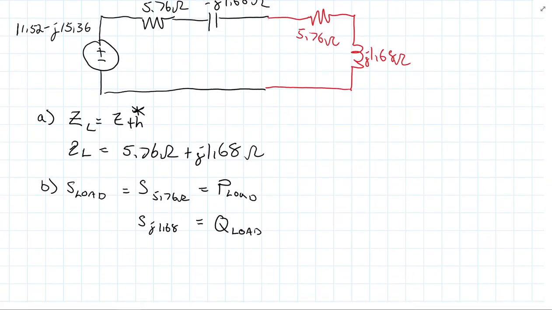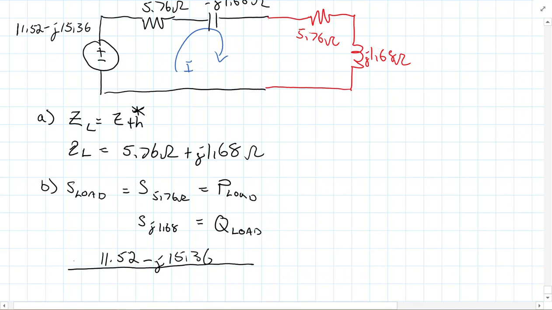We wound up, I put a current in here and I just computed the current. I'm not even going to write the equation down for the loop, because it should be pretty easy for all of us to see. 11.52 minus j15.36 divided by, and I'll go ahead and write the whole thing out, but you should be able to simplify this a tiny bit, as opposed to having to write it all out.